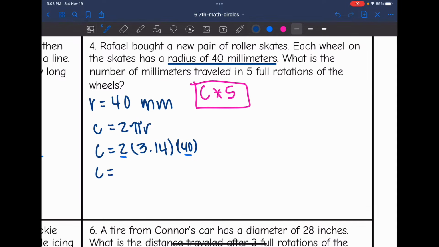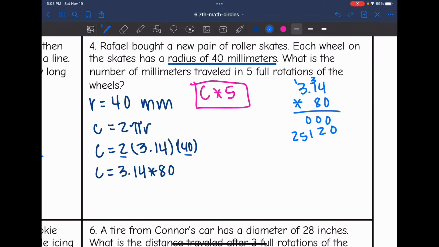So the circumference is going to be 3.14 times 80. So the circumference of one of the wheels on the skates is 251.20.